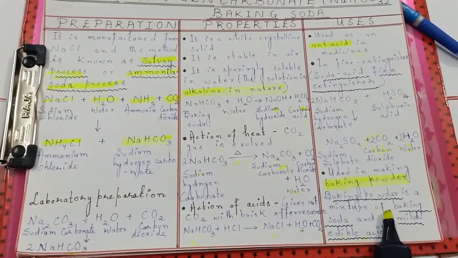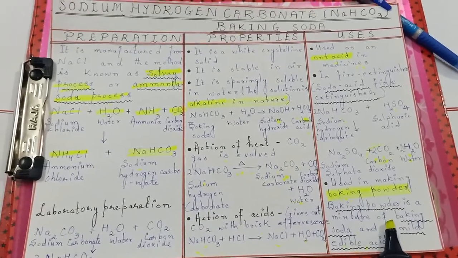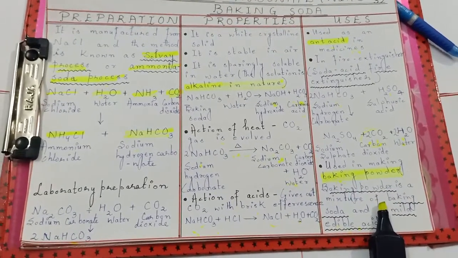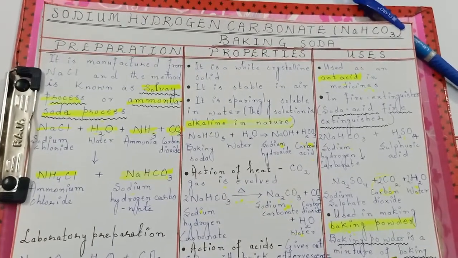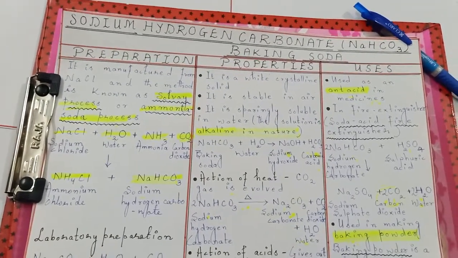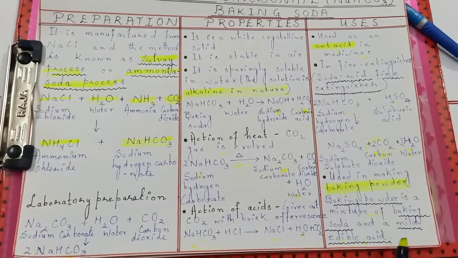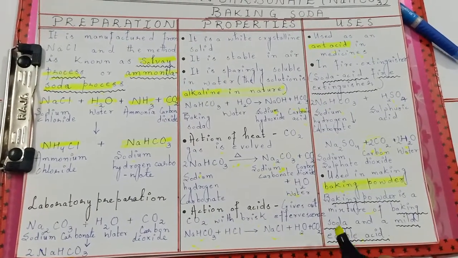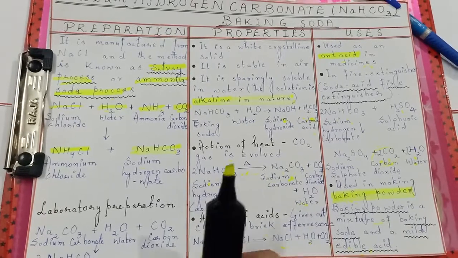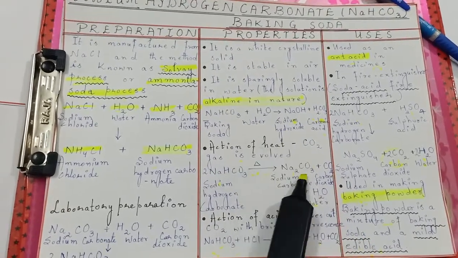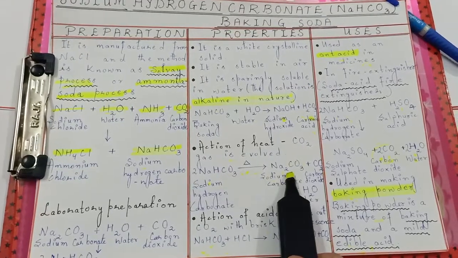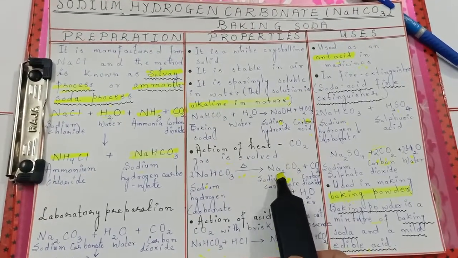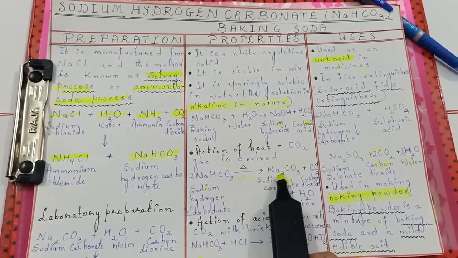Now what is the advantage of using baking powder over baking soda? The advantage is that when baking soda is mixed with some mild edible acid, the sodium carbonate which is produced as a result of the decomposition of sodium hydrogen carbonate actually gives a very bitter taste.